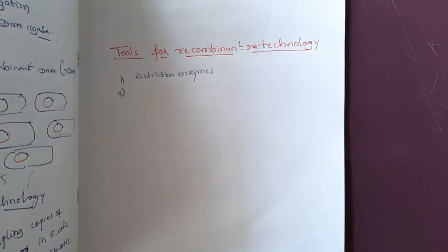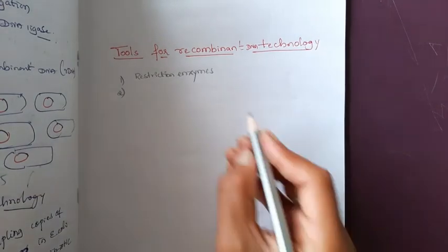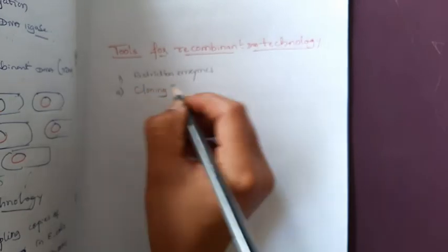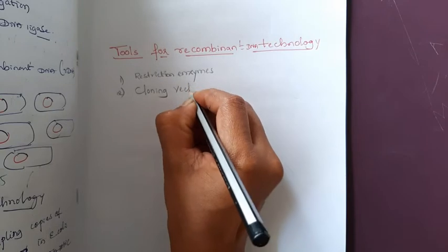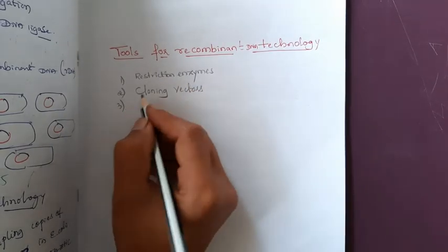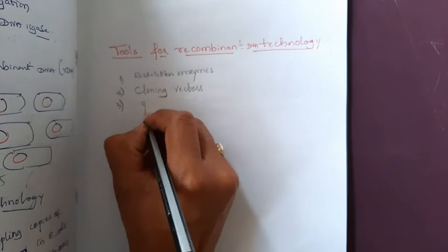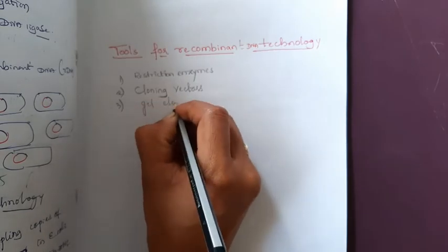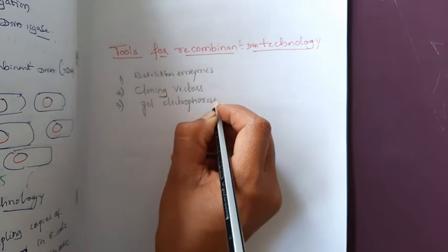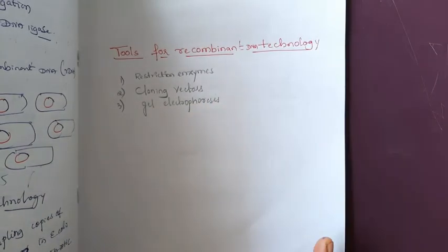Second one, cloning vectors. Third one, gel electrophoresis, or you can just write electrophoresis.